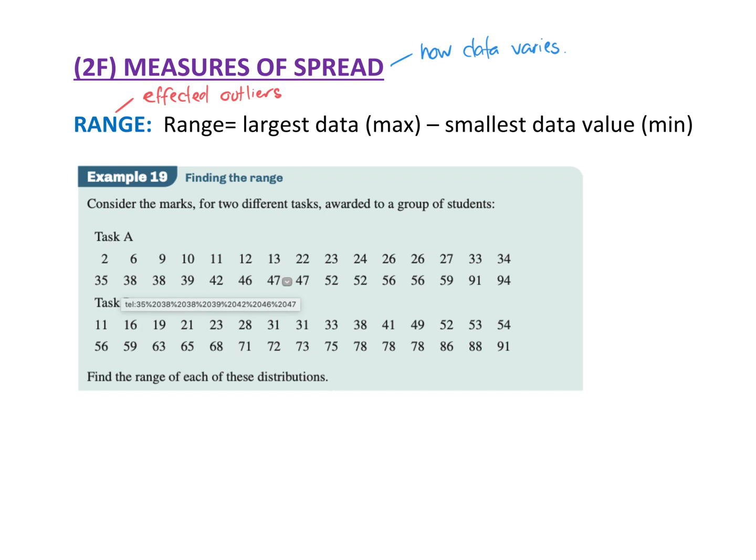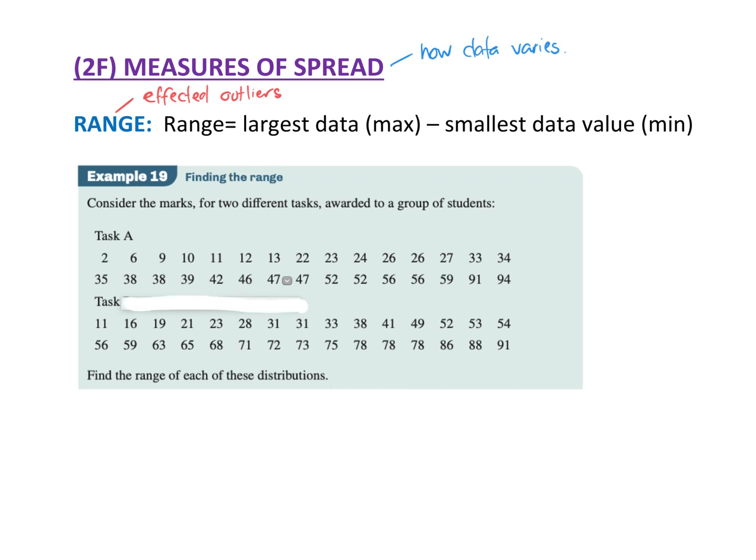So if we look here, sorry about this bit, I don't know why that's there. But if we look here, it says consider the marks for two different tasks awarded to a group of students, find the range of each distribution. So if we look at task A, we know the range equals the maximum minus the minimum.